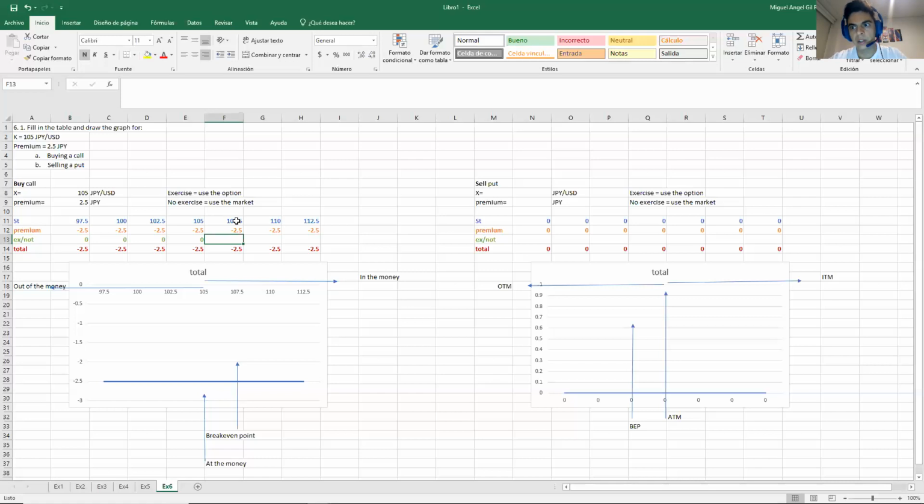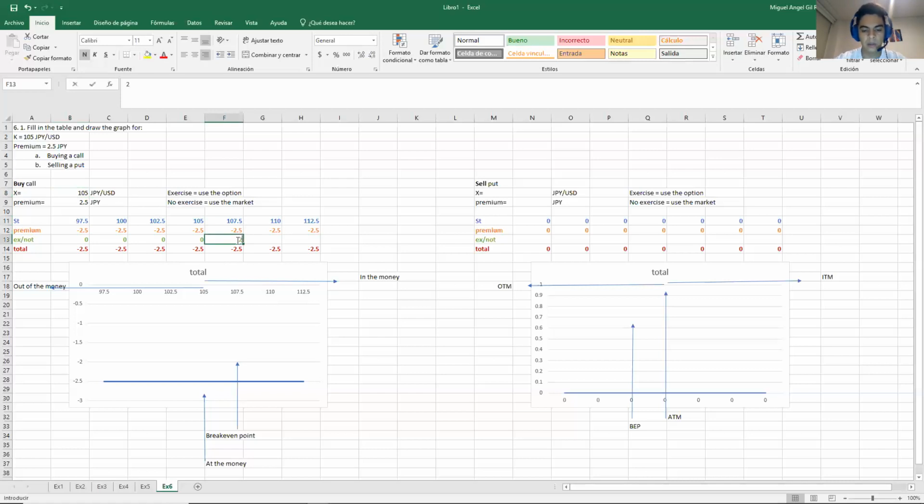At 107, that's different. At 107, I prefer to use the option, right? That means exercise. And when I exercise, I need to account for the difference. And that difference is 2.5. Is that 2.5 positive for me? Of course it is, because I am paying less money than what the market is offering.